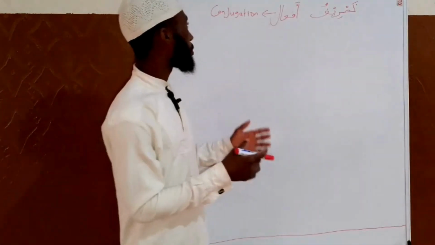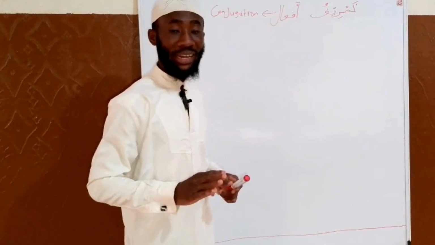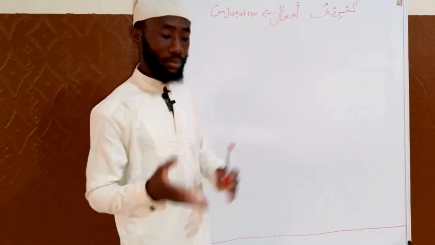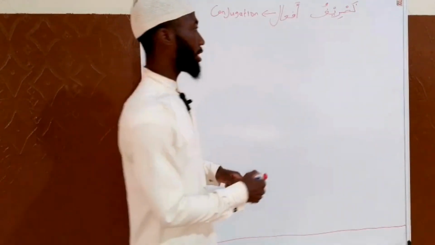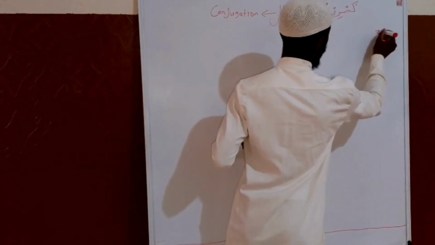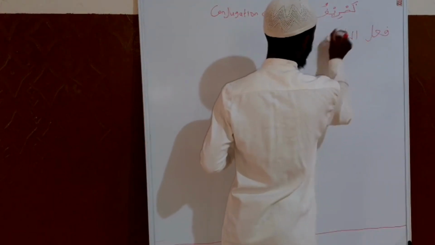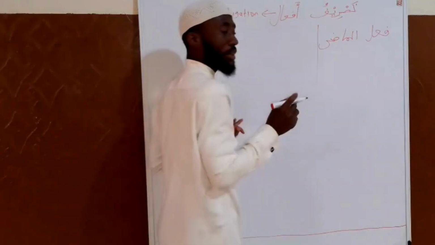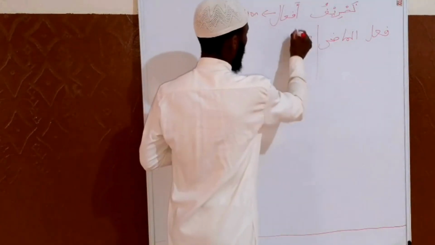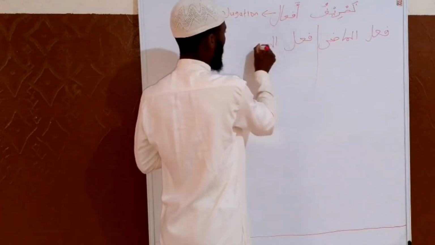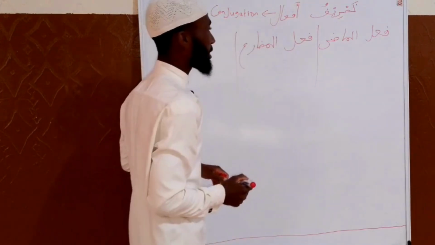Now, let's talk about conjugations that occur in verbs. We have three types of verbs in Arabic: past tense, present tense, and the command tense. The first is fi'lu al-madi, that is the past tense. Then the fi'lu al-mudari, that is the present tense.